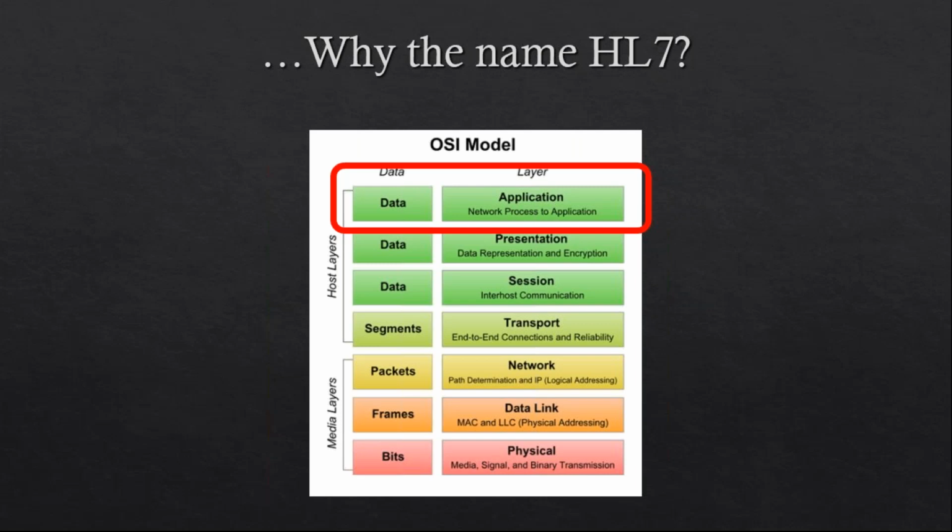That is why we name it HL7, Health Level 7. You can research more on this. It is really interesting to understand how data is actually transmitted through the internet. Any questions till now?